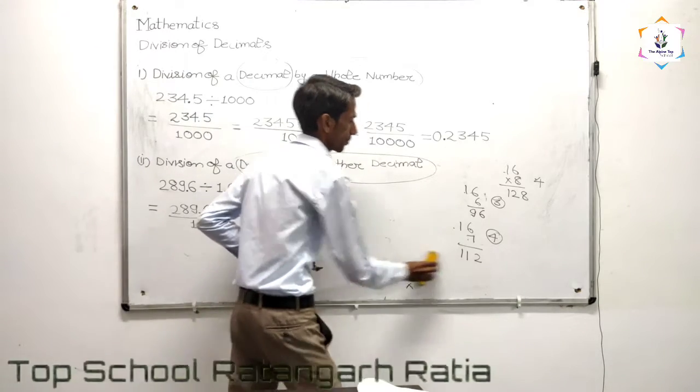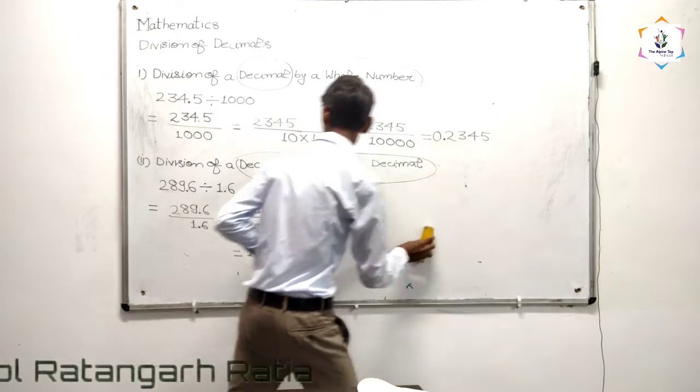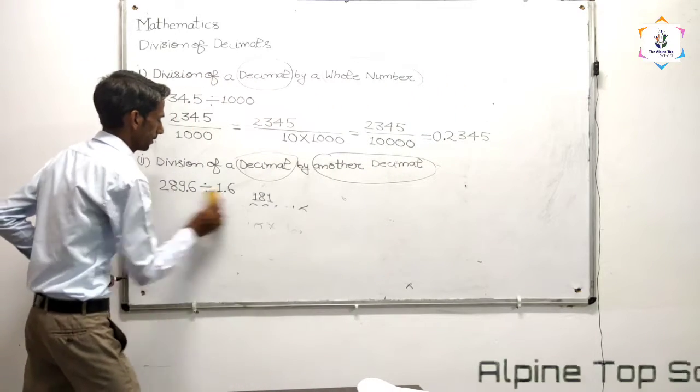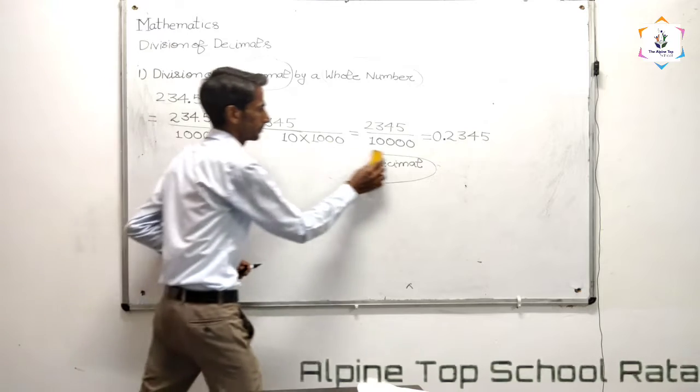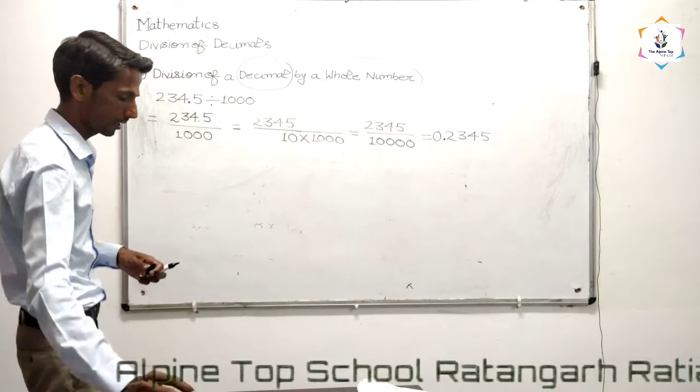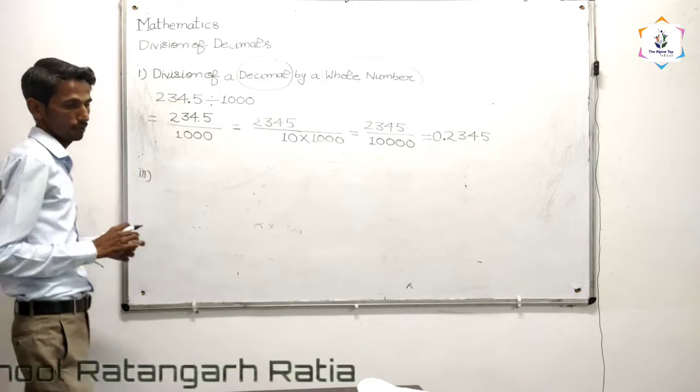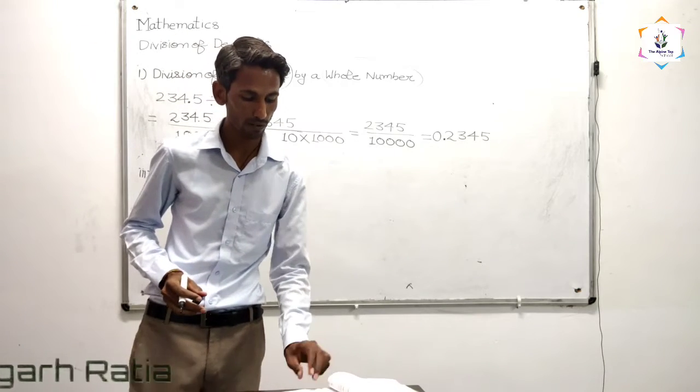First I am going to erase this portion so that we can write the next portion. The next skill is part number 3. Part number 3 that we are going to discuss now.